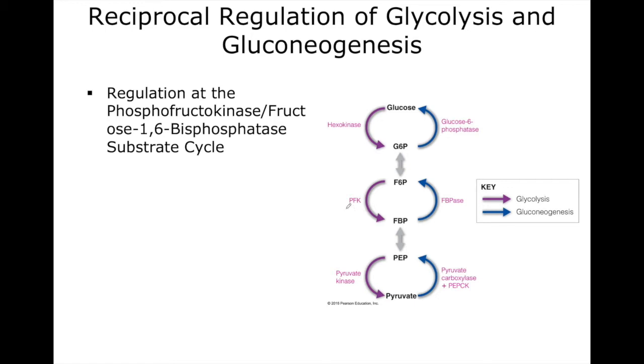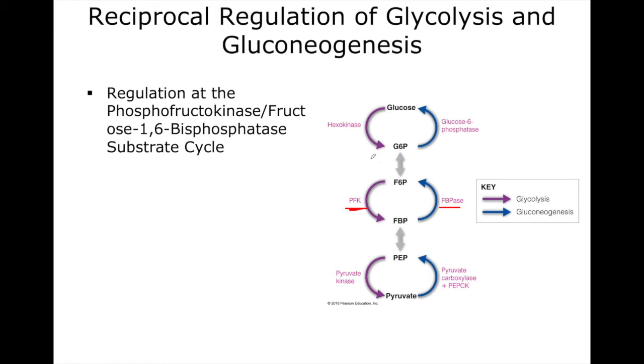The major one occurs at the step catalyzed by phosphofructokinase 1 in glycolysis, and fructose 1,6-bisphosphatase in gluconeogenesis. So this is our major regulatory point for the two, because as we said, phosphofructokinase 1 is the committed step in glycolysis.